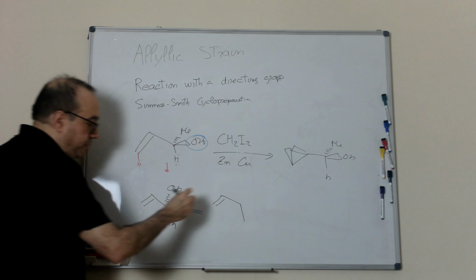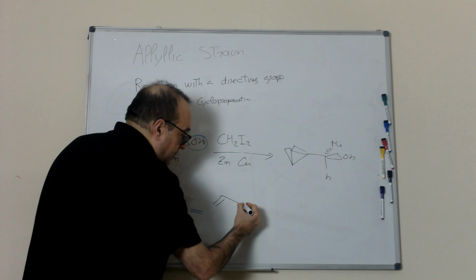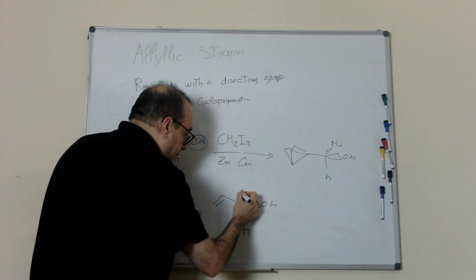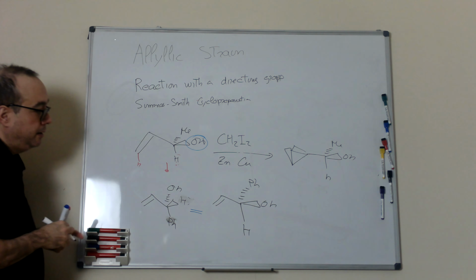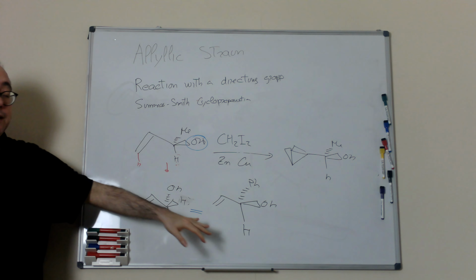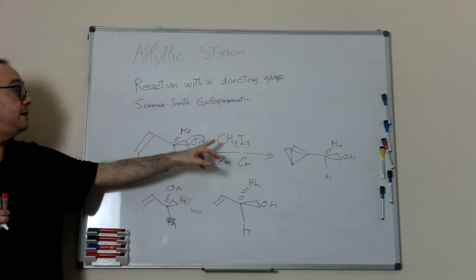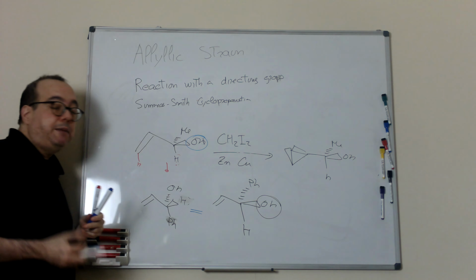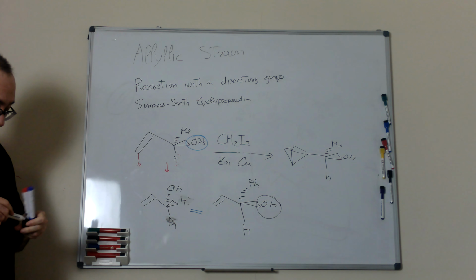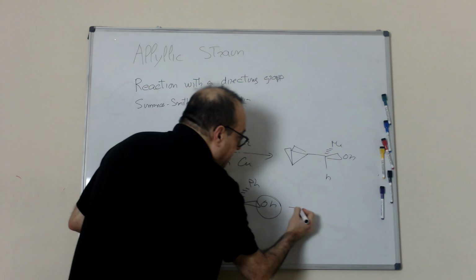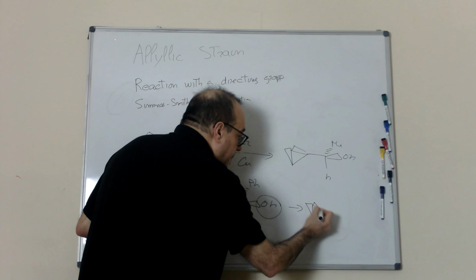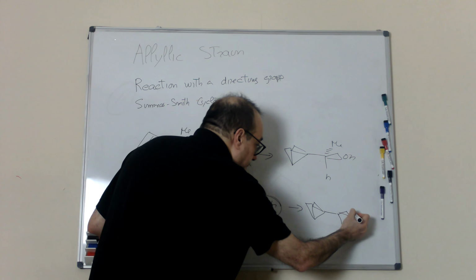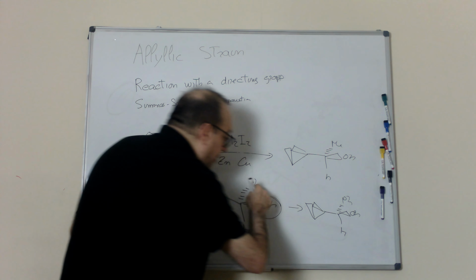I put the smaller substituent down, in this case a hydrogen, and then, because the hydrogen is down, I rotate, and the lowest conformation is this. And now, because I know that it's a Simmons-Smith cyclopropanation, I know that it takes place by the same side of the alcohol, and this will lead to this compound, with the cyclopropanation taking place by the same face where I have the alcohol.